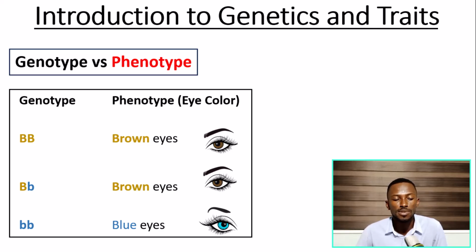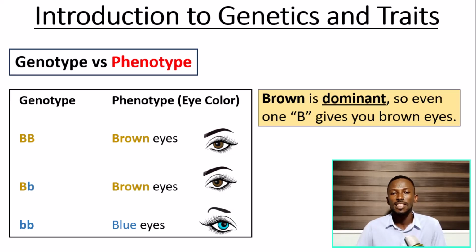The genotype will be capital B, small b. That child will still be born with brown eyes because of the presence of one dominant allele. Remember, a dominant allele needs only one copy to be expressed physically in the child. What about if the genotype is small b, small b, two blue alleles from both parents? The child will be born with blue eyes.